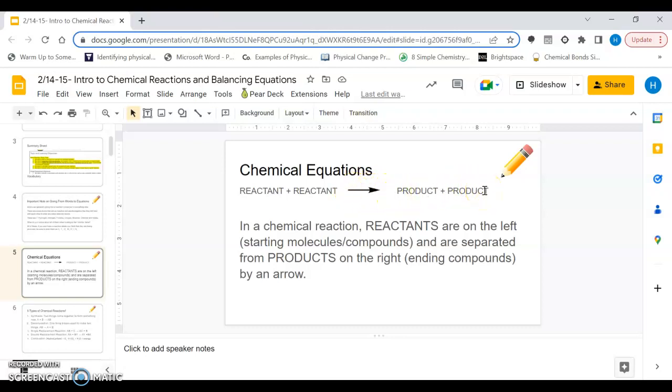Generally, you're going to have more than one on either side. But sometimes we'll have one and it breaks into pieces, or we'll have 2 and they combine to make one thing. But in general, when we talk about a chemical equation, we're going to say you have this many reactants or reagents, and they produced your product.